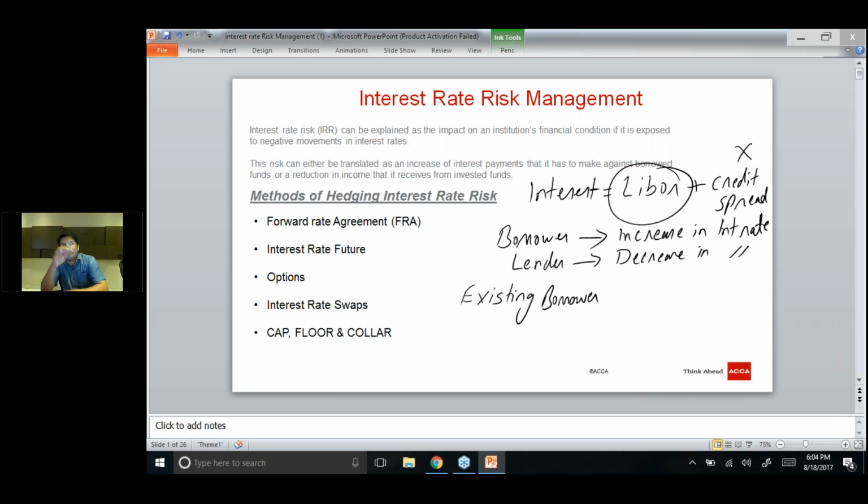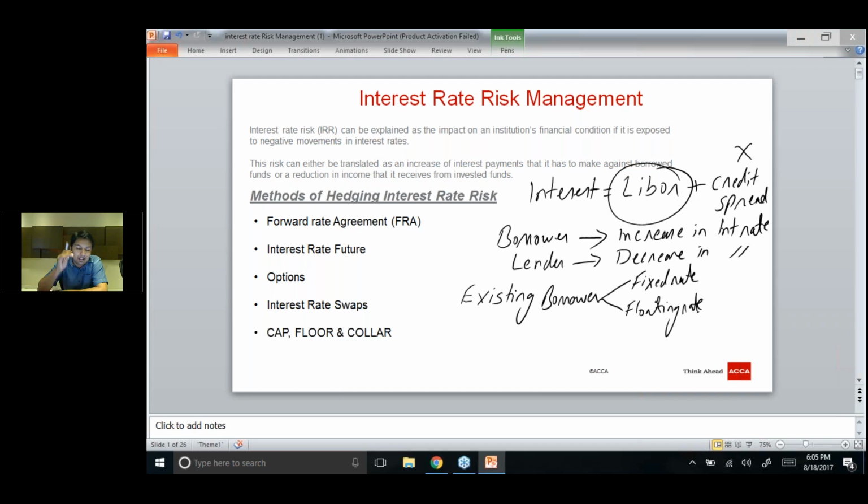that means you have already borrowed the loan. There can be two scenarios. Maybe you have borrowed at a fixed rate, and maybe you have borrowed at a floating rate. If you have borrowed at a fixed rate, definitely you will not face the risk of increasing interest rate. So what will be the risk to your position?